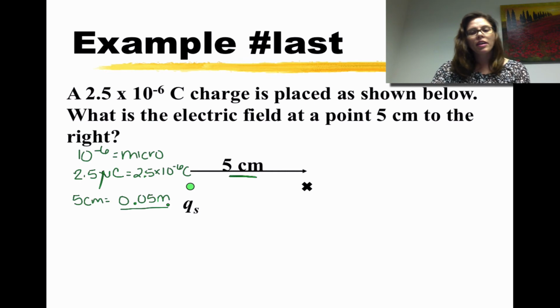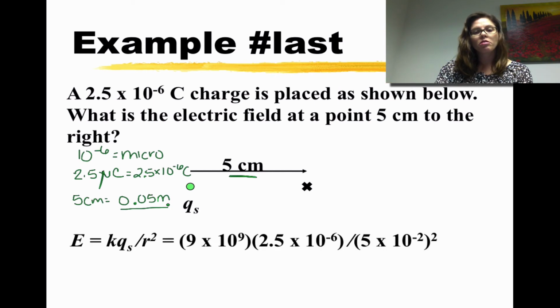Welcome back. The first thing is, which way is the electric field? Well, electric fields go out of positive, so the electric field is going to go to the right. We use the equation E equals KQ over R squared. So we plug in the numbers. K is 9 times 10 to the 9th. Q is given as 2.5 times 10 to the negative 6.